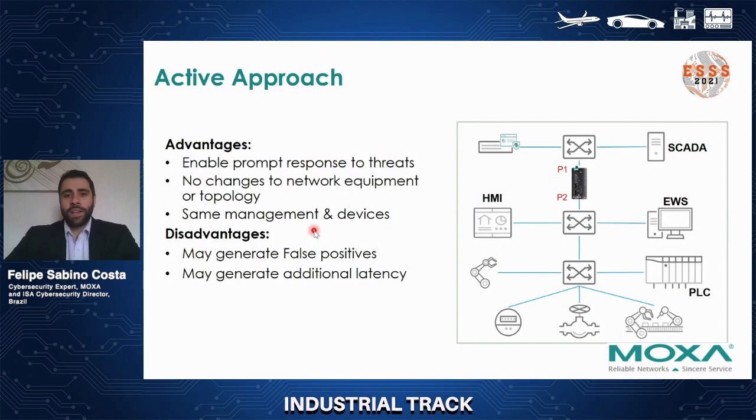Every time we speak about industrial control systems, we need to be aware that response time and availability are critical. So you need to be aware of how long this device will take to run all its algorithms and analysis, and allow or block the information passing through.